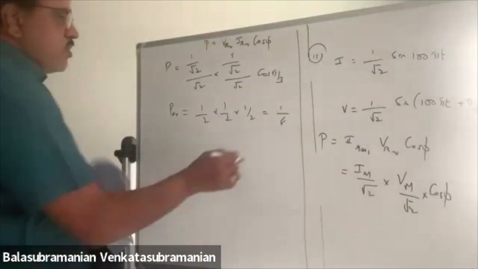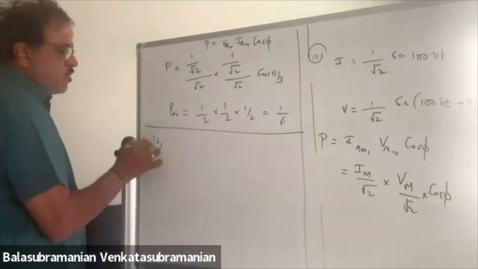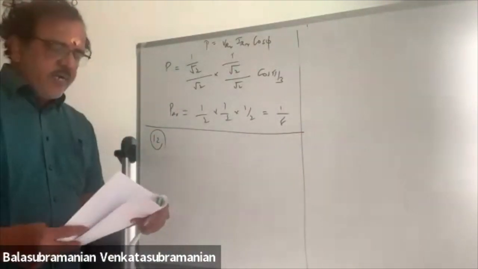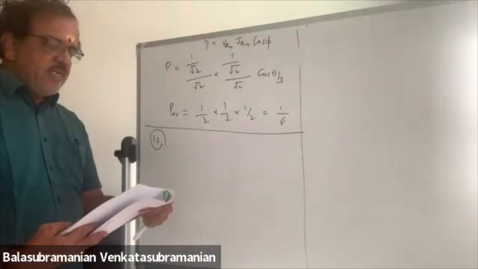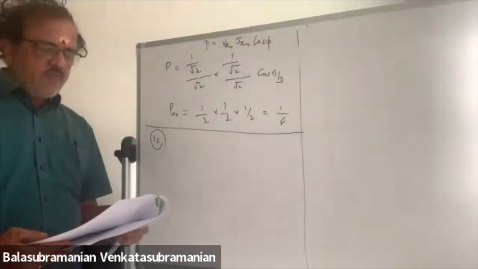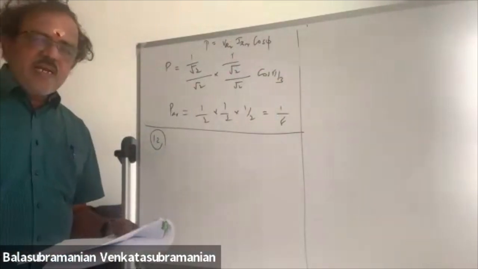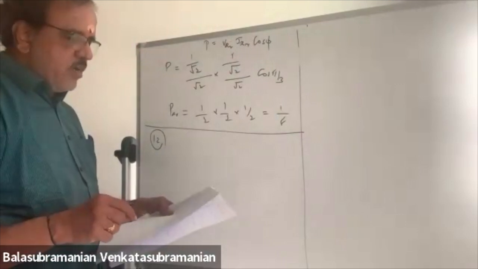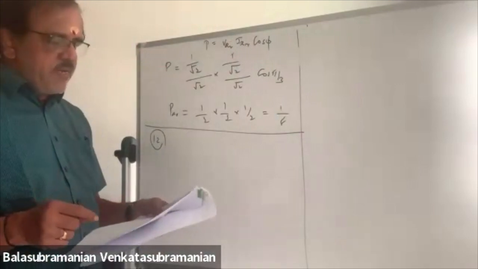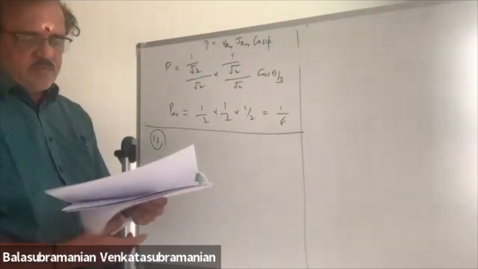Question number 12. An inductor of 20 by pi square Henry is connected to a capacitor of capacitance C. Calculate the value of C in order to impart maximum power at 50 Hertz.